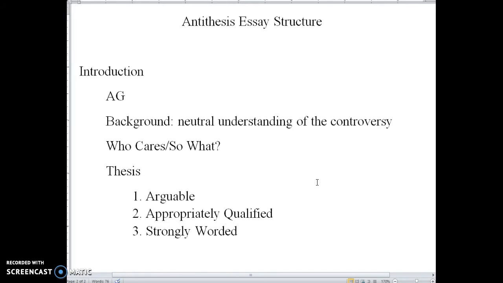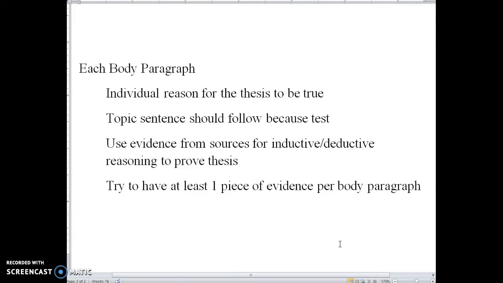Then each body paragraph is giving a reason that that's true, or it's dealing with the opposition, which is something we'll talk about in the next essay assignment. But for instance, on page 95, the first body paragraph: organic foods are produced without using most chemical pesticides, without artificial fertilizers, without genetic engineering, and without radiation.